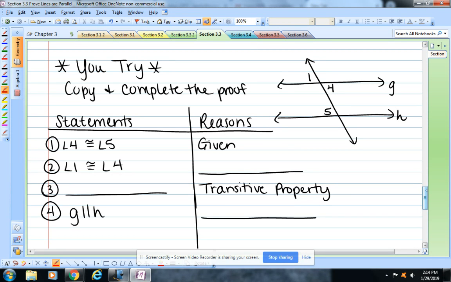And if you can't get this one, then you can get this one, then you can get this one. All right? So even if you can't get the first one, you still should be able to get the other 2.